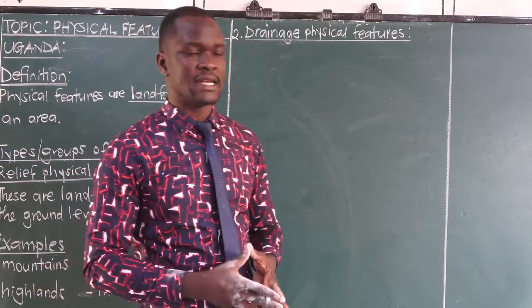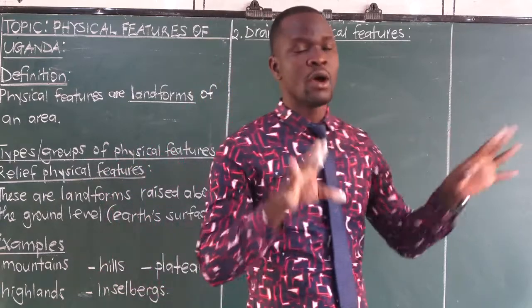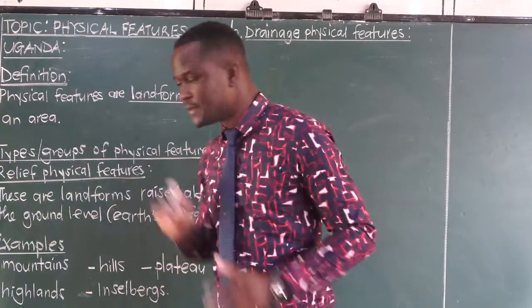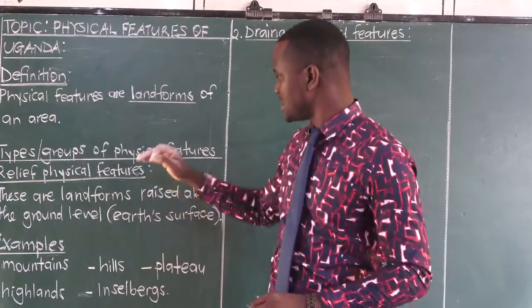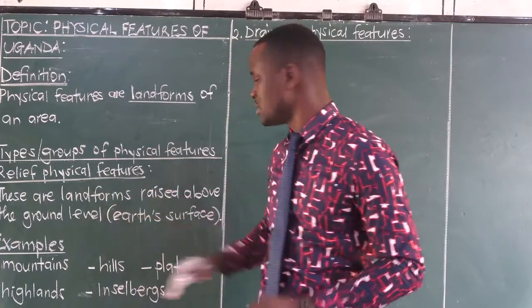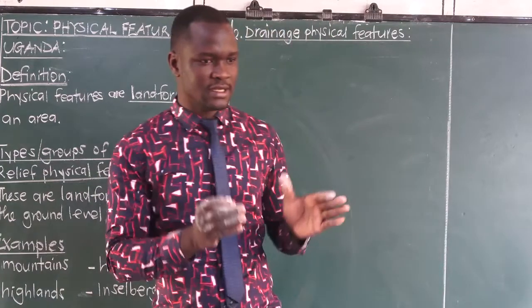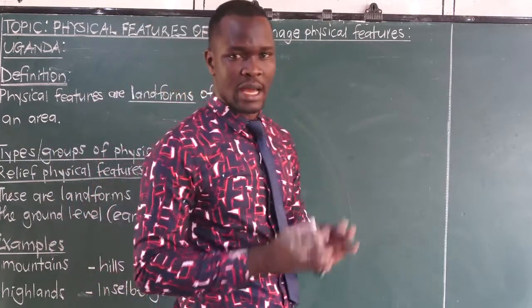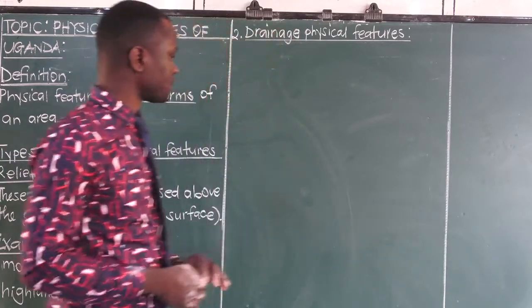Relief we define as the general appearance of the landscape, which means it is different from relief physical features, because relief physical features are landforms raised, whereas relief alone means the general appearance of an area.